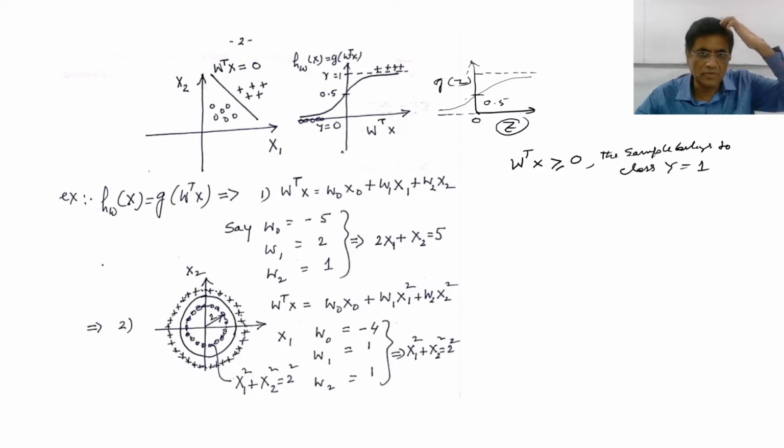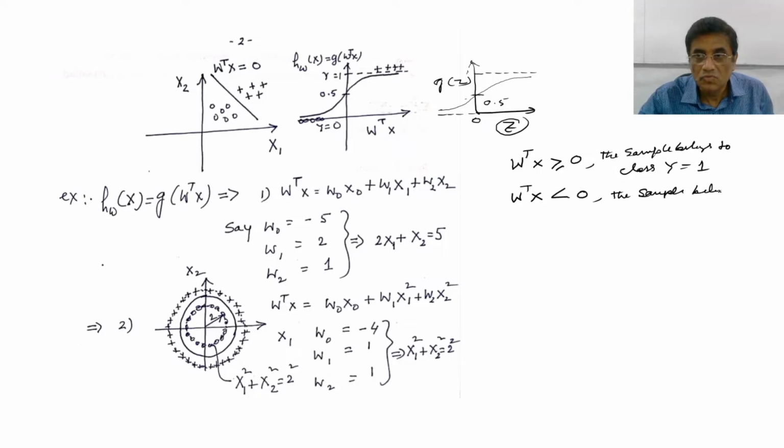So I have two classes, y equal to 0 and y equal to 1. And if w transpose x is less than 0, the sample belongs to class y equal to 0. It's very simple, no confusion.